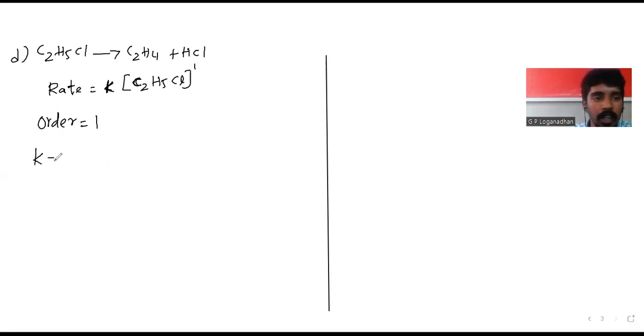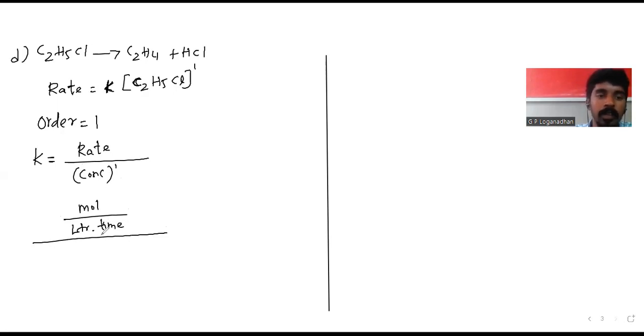Dimensions of K, the rate constant. K equals rate divided by the concentration term, concentration to the power only 1. And the rate of the reaction is mole per liter time, divided by concentration, which is mole per liter.